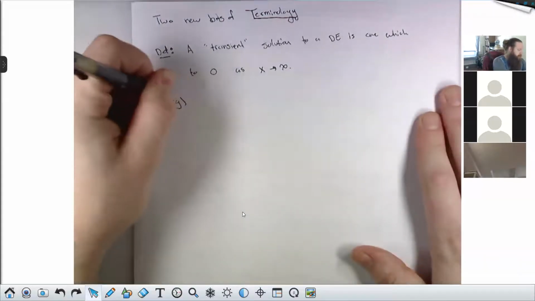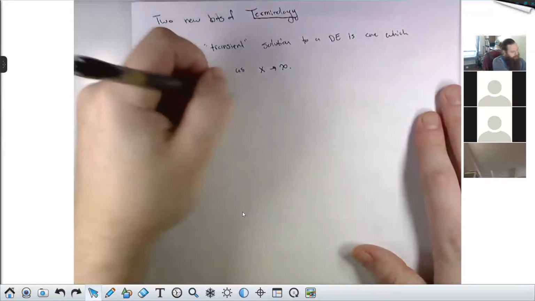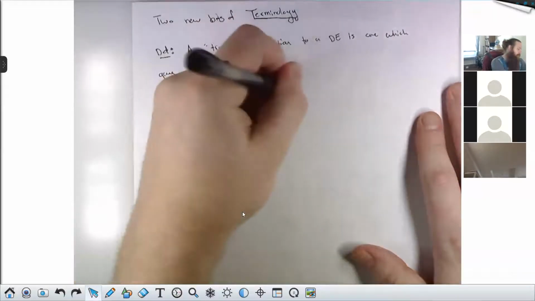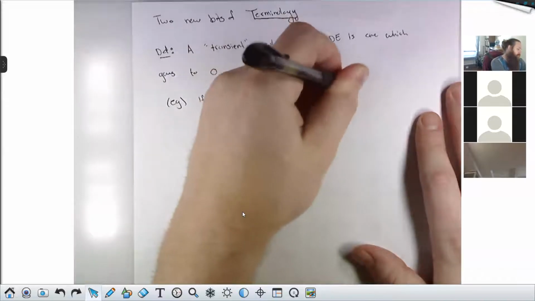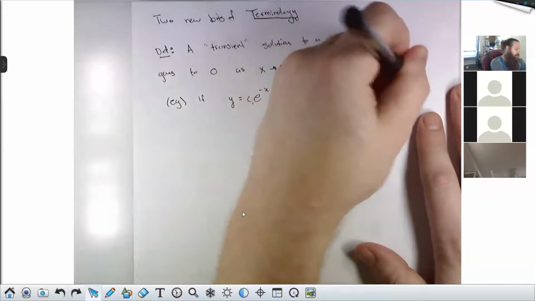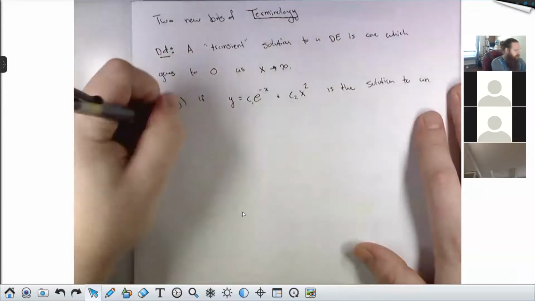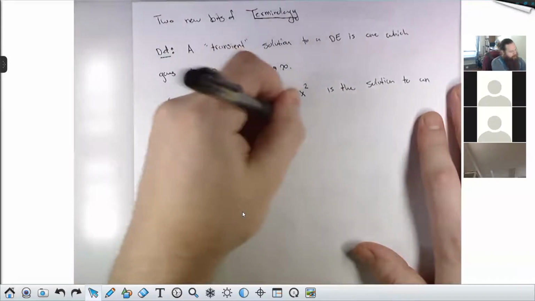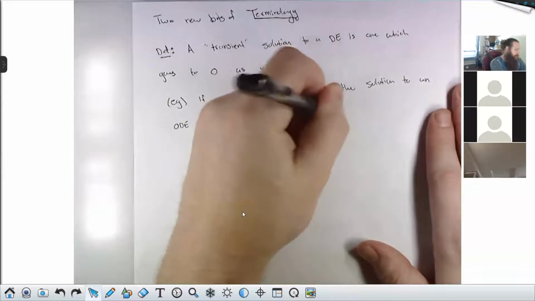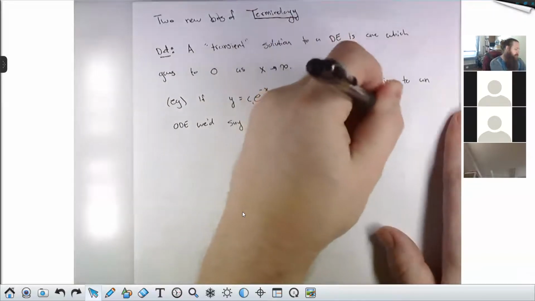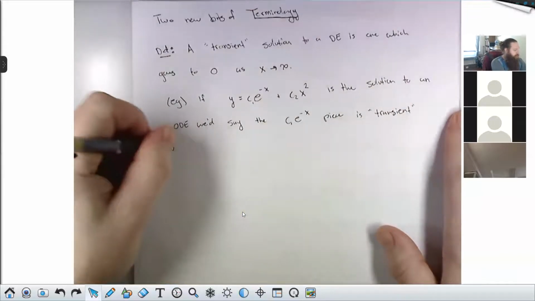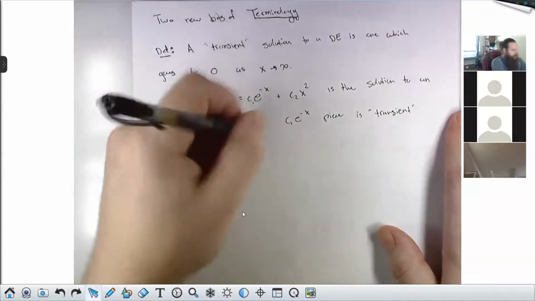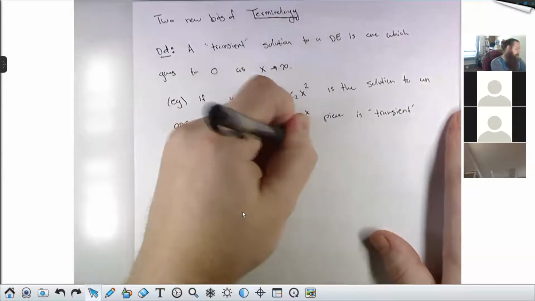So, for example, if y equals c1 e to the negative x plus c2 x squared is the solution to an ODE, we'd say the c1 e to the negative x piece is transient because as x goes to infinity, it goes to 0.